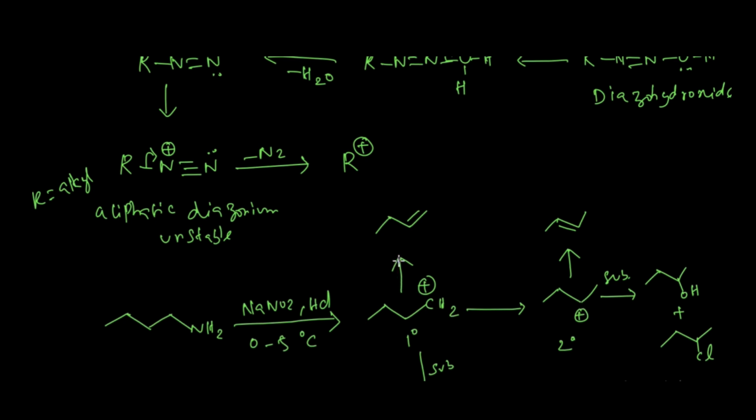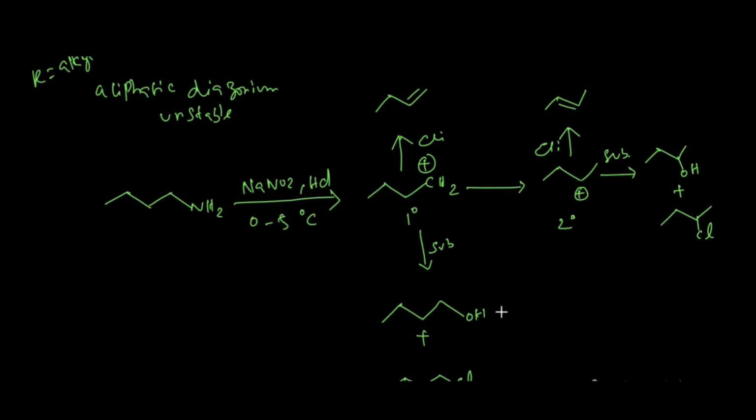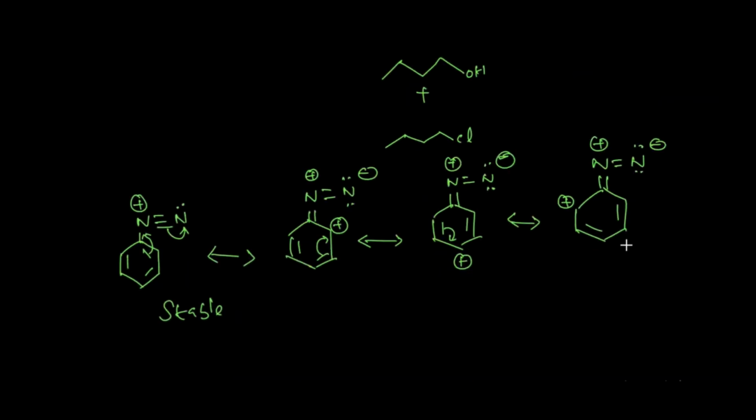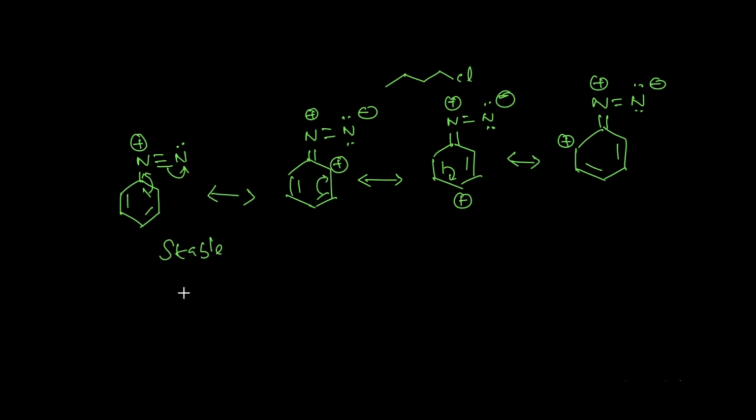Before rearrangement also we will get elimination products, to get the alkenes, and if it is substitution we will get the substitution products. And later we discussed aryl diazonium salts, which are much more stable than the aliphatic ones.